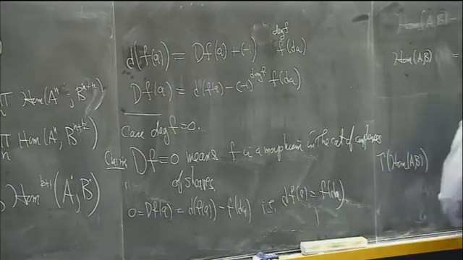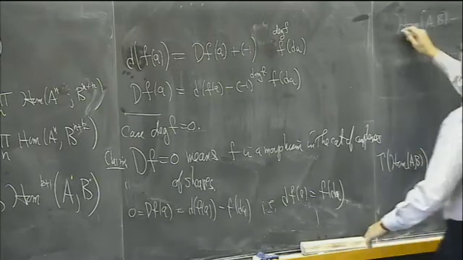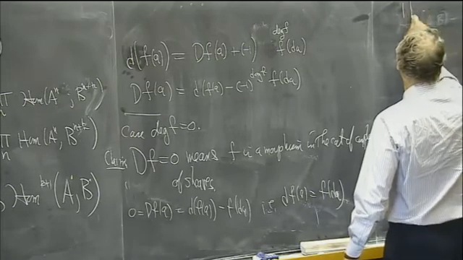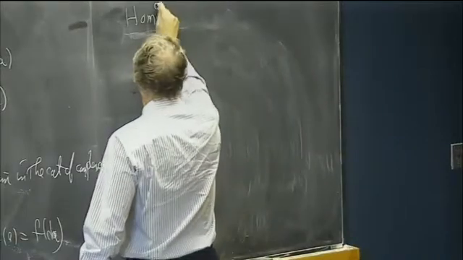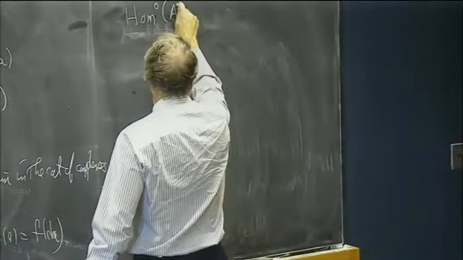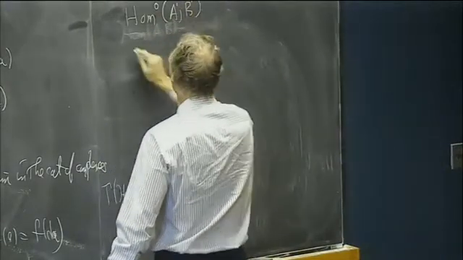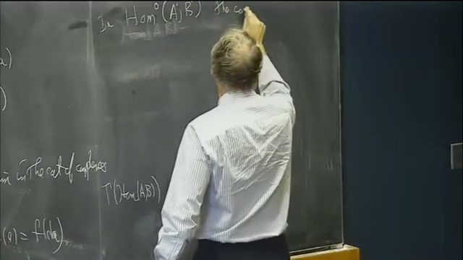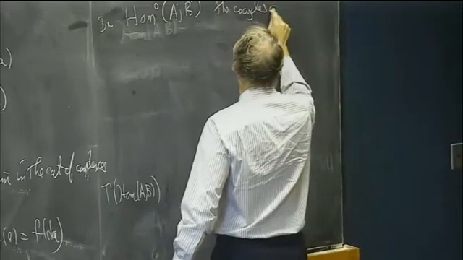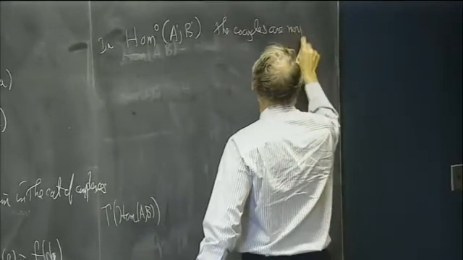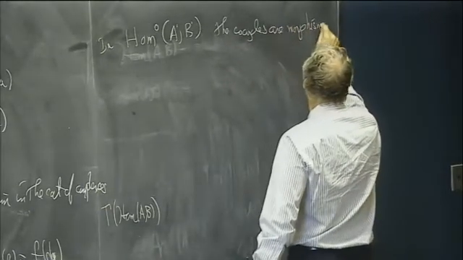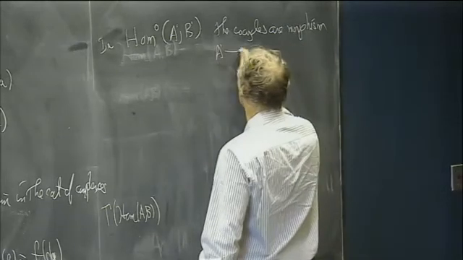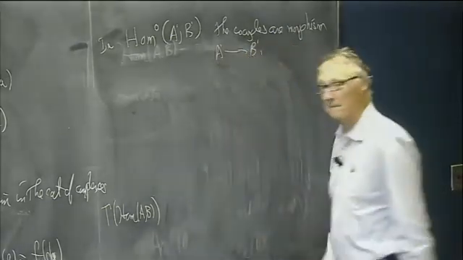So the morphisms, well, I guess where am I working now? I guess if I work, let's work in the global sections. So let's work in Hom 0 A B. So in this, the cocycles are morphisms from A to B. Okay.